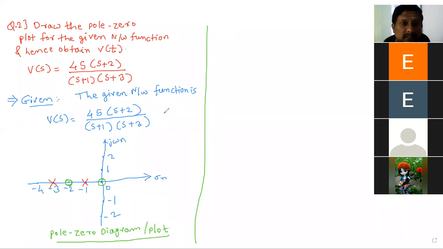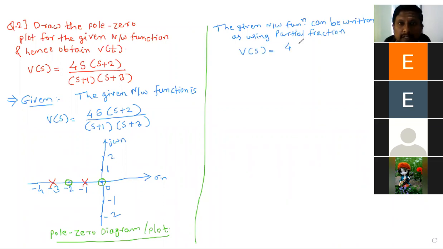The given network function can be written using partial fractions as V of S is equal to 4S into S plus 2 divided by S plus 1 into S plus 3. This is already written, so we have to think only about the denominator.